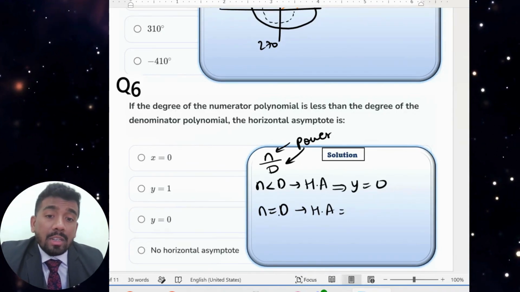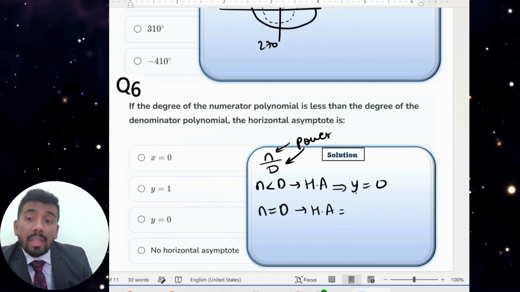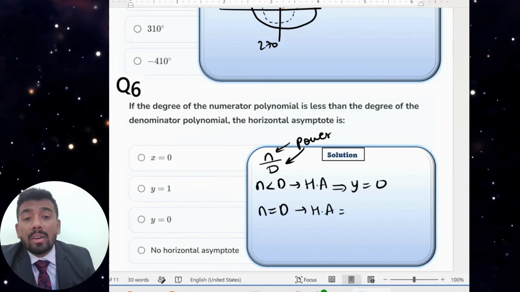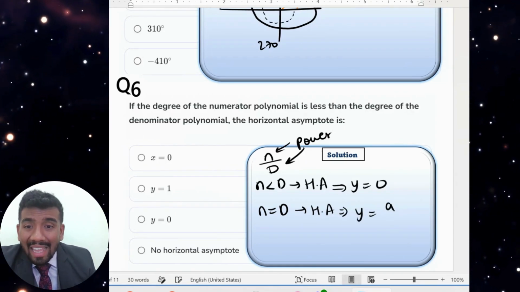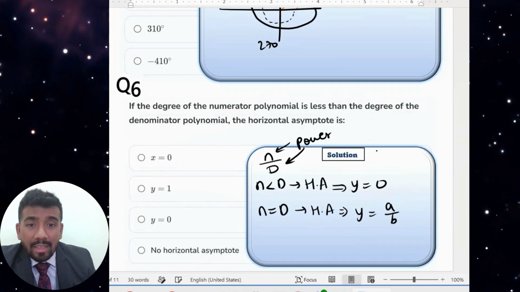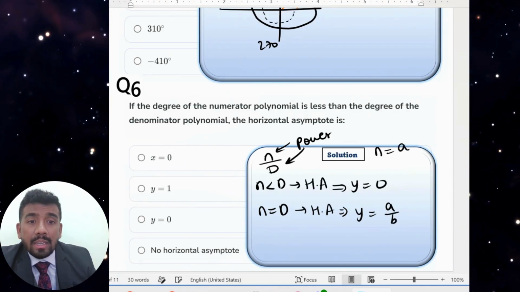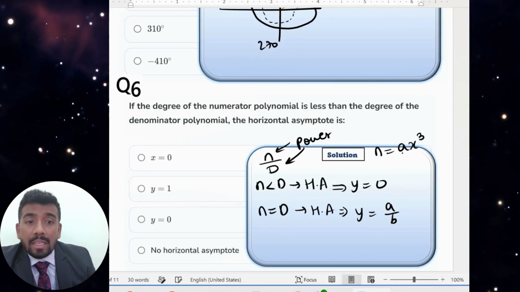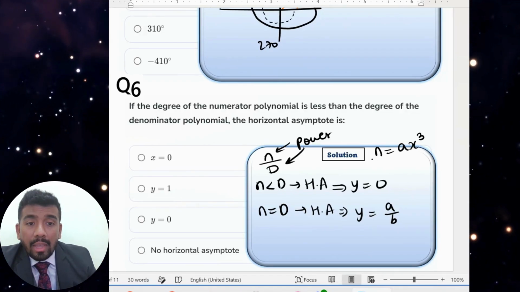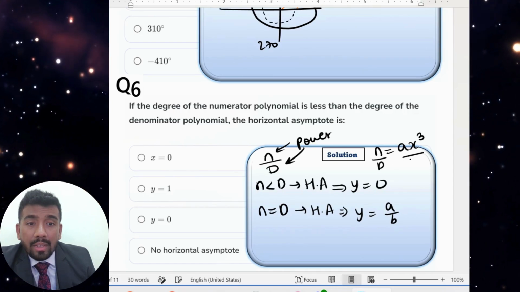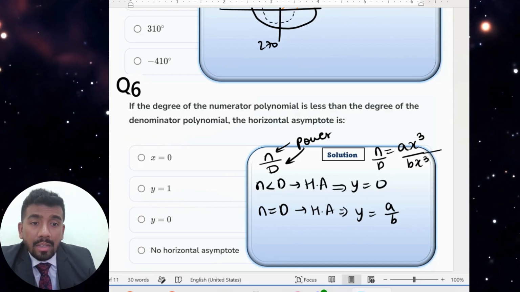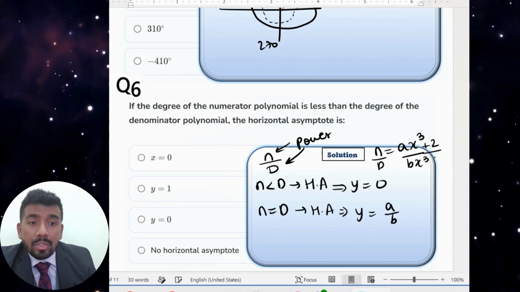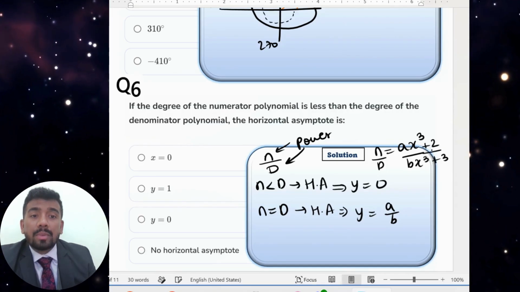Now if the numerator's power is equal to the denominator's power, then the horizontal asymptote will be at y equal a over b. Now what is a? Suppose your numerator is ax cube and the denominator is bx cube, plus 2 and plus 3, suppose.